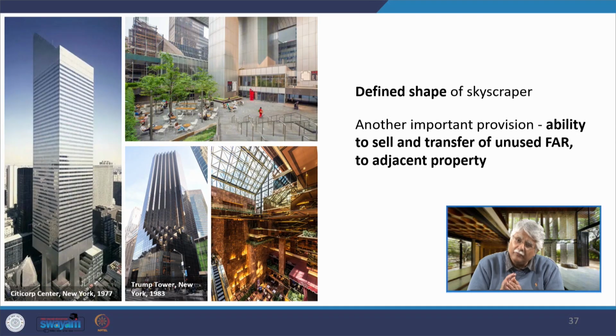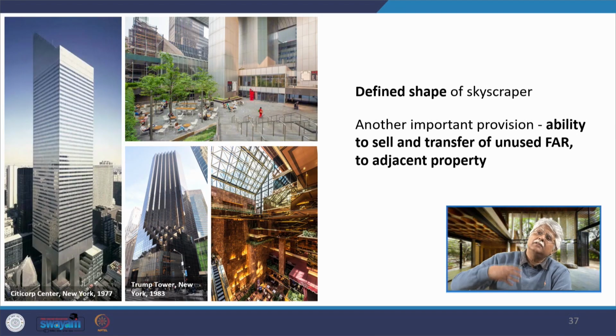Another important provision was the ability to sell and transfer unused FAR to the adjacent property. If there is FAR which I have not utilized fully in my building, I can sell it to an adjoining building. Later on, the concept of air rights also came in New York, and they are applicable today.